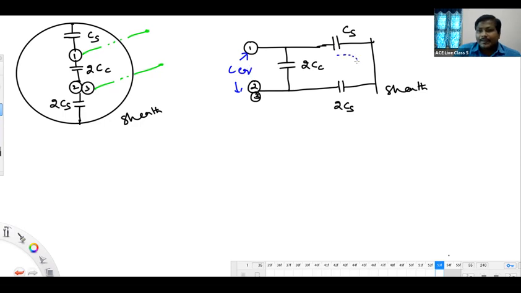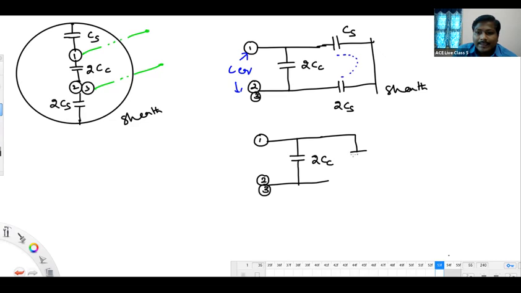So CS and 2 CS will be in series. This is 1. This is 2 and 3. Between 1 and 2-3 we have 2 CC, and the series combination of CS and 2 CS.